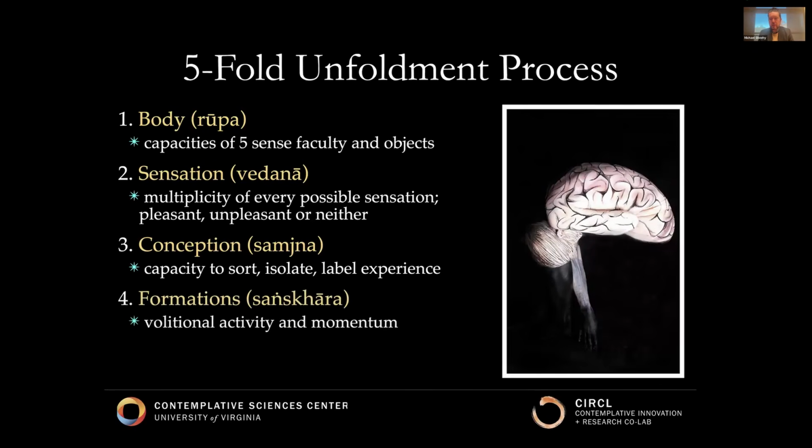And in so doing, with conceptions in the world that have sourced from sensations, that have sourced from the very organism that we are, that humans are, there are what are called formations, these samskara.